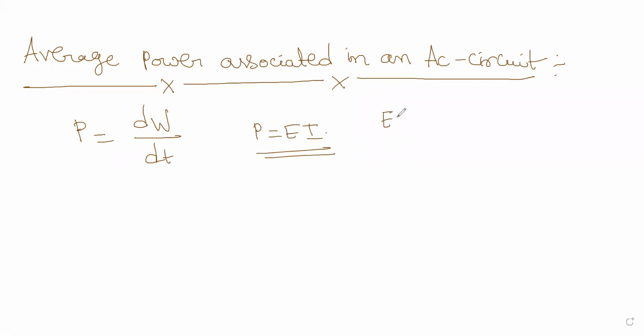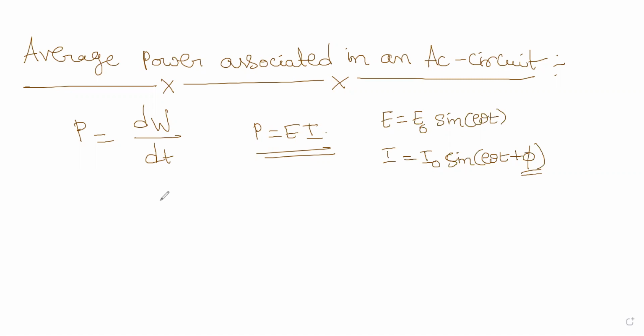So E is equal to E naught sine omega t, and I is equal to I naught sine of omega t plus phi. The current and voltage have a phase difference of phi.